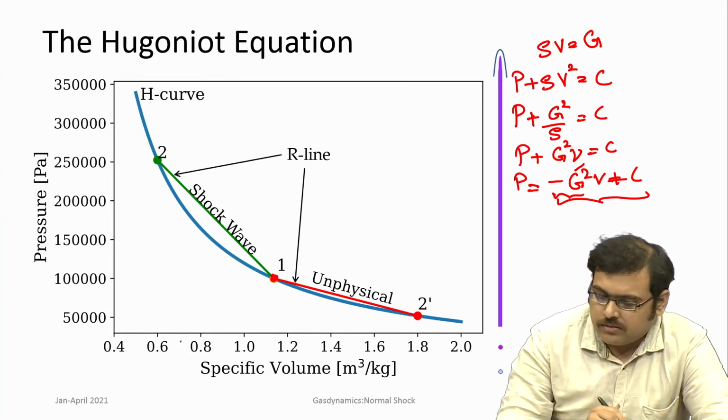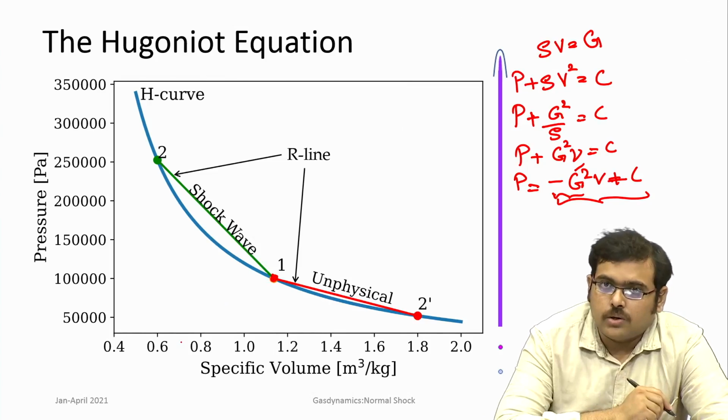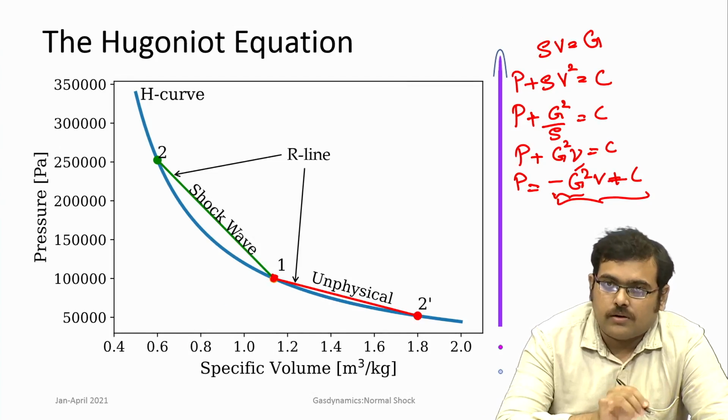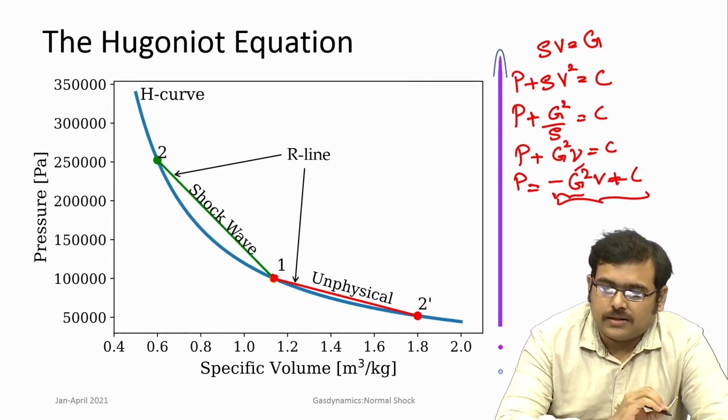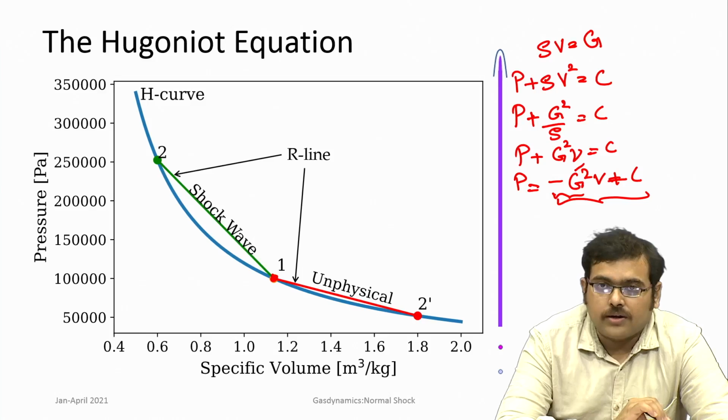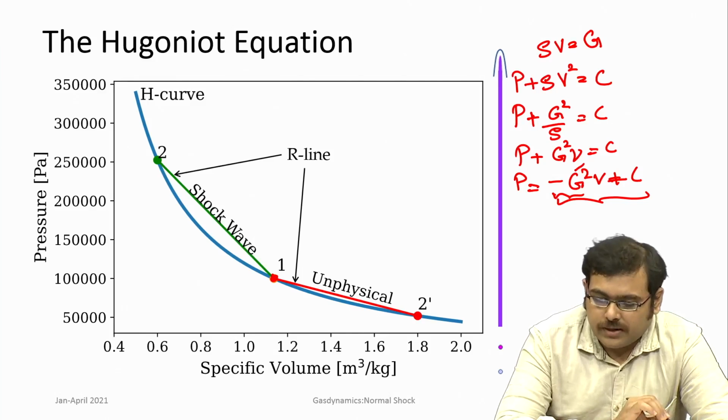Now this Hugoniot equation, as we already know, just uses the conservation equations, and the conservation equations do not specifically say whether a certain thermodynamic state is possible or not. That comes from entropy conditions.